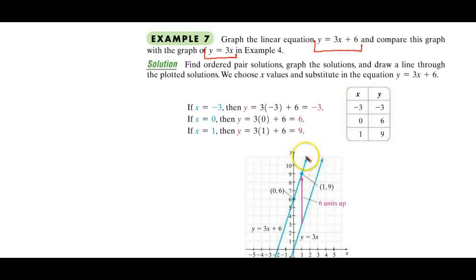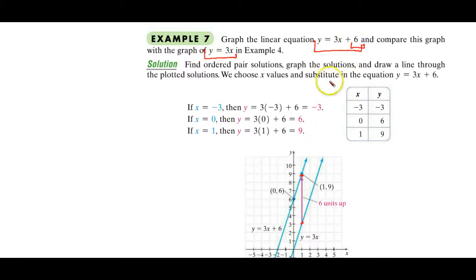And what do you note about these? Well, notice they are parallel lines. And if you went from this point to this point, how many units away are they? Well, they're 6 units away.